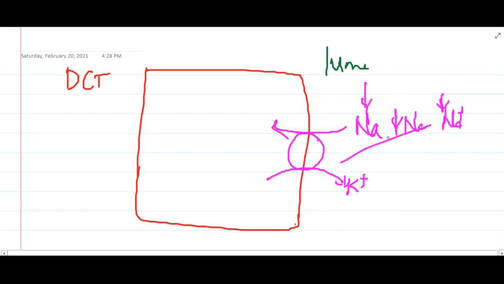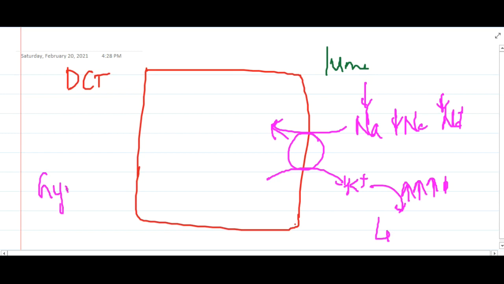But now, because of this increased sodium in the distal convoluted tubule, the activity of this pump will increase, and as a result this causes increased loss of potassium. So this will lead to hypokalemia in the blood.